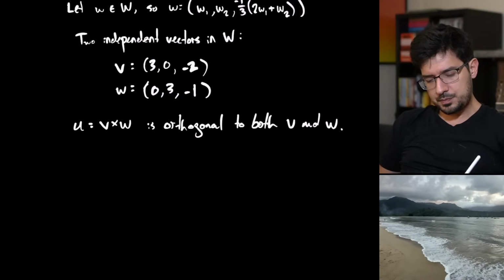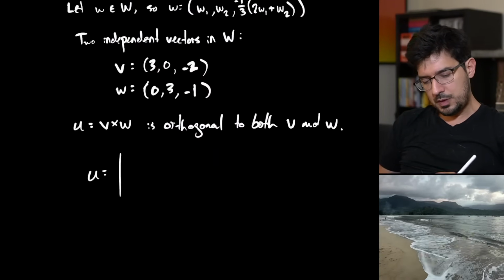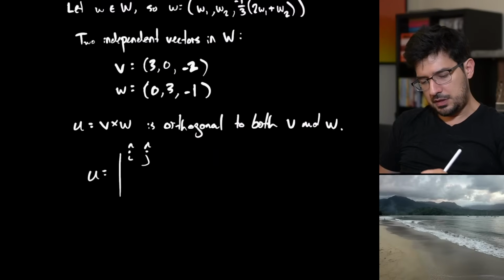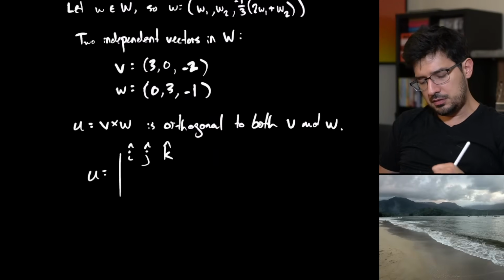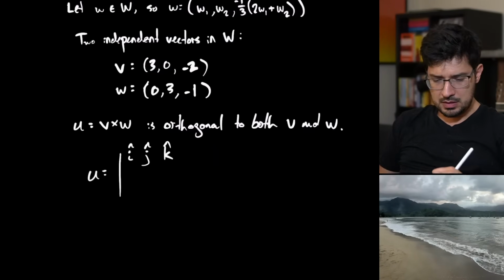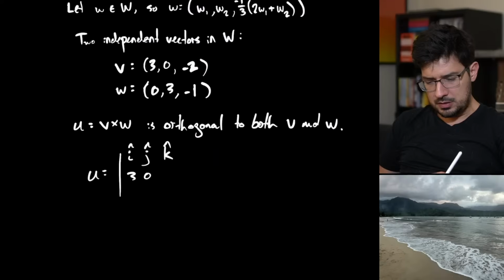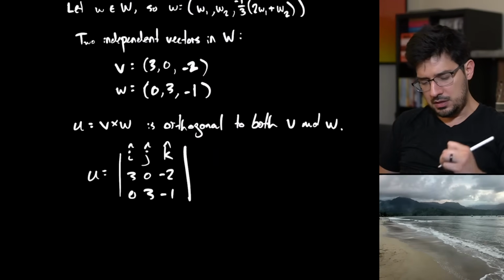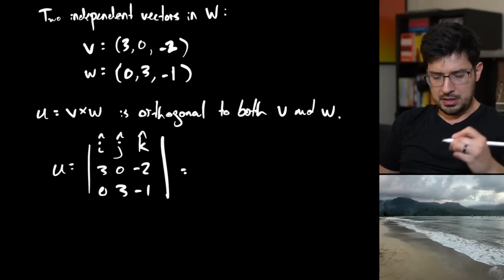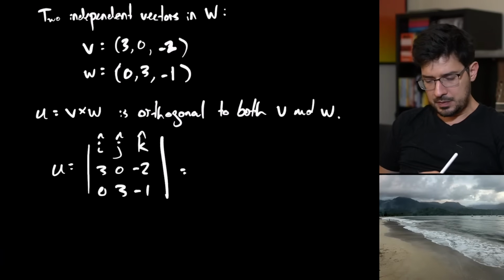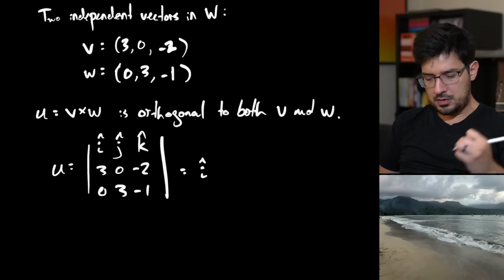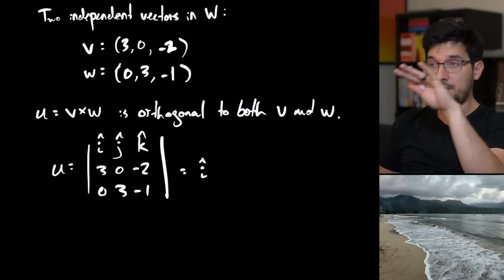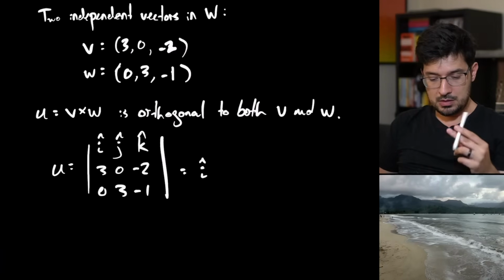I remember the cross product by the 3 by 3 determinant computed like this: 3, 0, negative 2, 0, 3, negative 1. Now I'm doing a cofactor expansion along the first row.